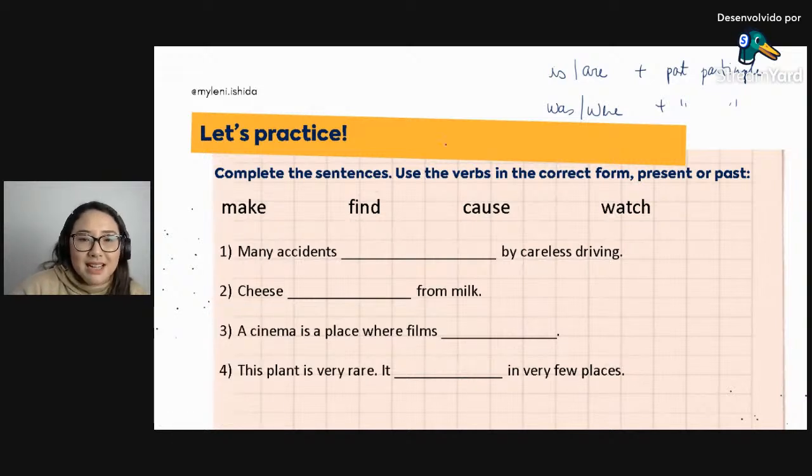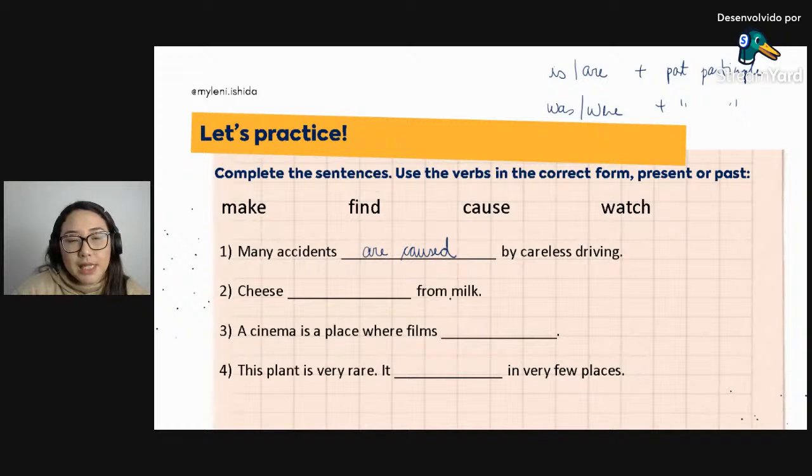So let's see. Many accidents are caused by careless driving. Here you can say, teacher, it could be in the past. Yes.